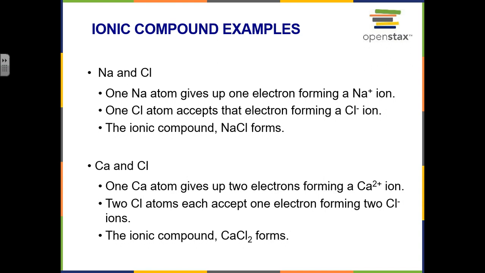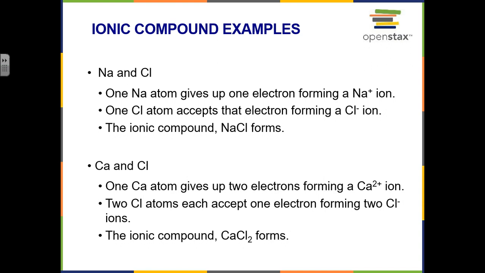And so compounds are either classified as ionic or molecular covalent on the basis of the bonds that are present in them. Now, here are some examples of some ionic compounds that you might want to be familiar with, as they're very common, and it gives you an idea of how these bonds form. Here you have NaCl, which represents sodium and chloride, and you have one sodium atom that gives up one electron, forming a sodium ion.